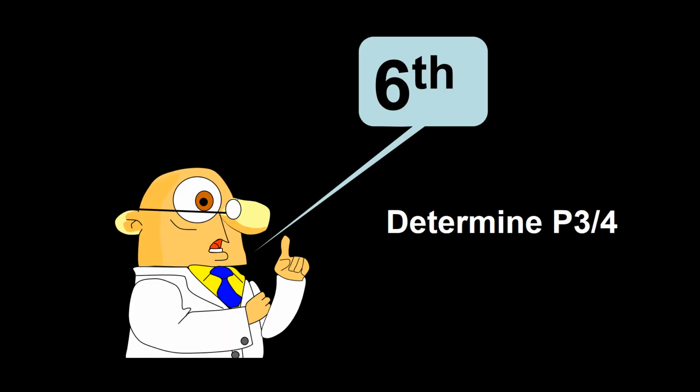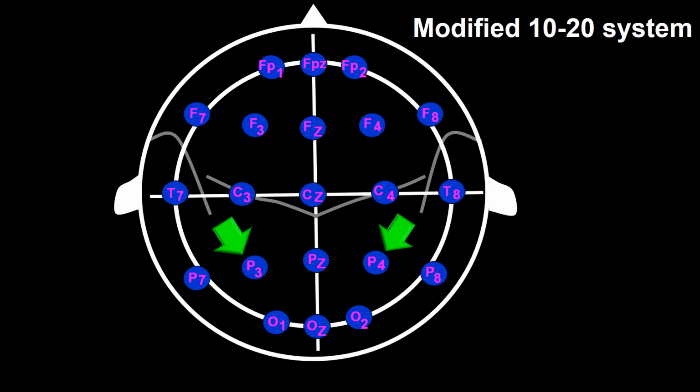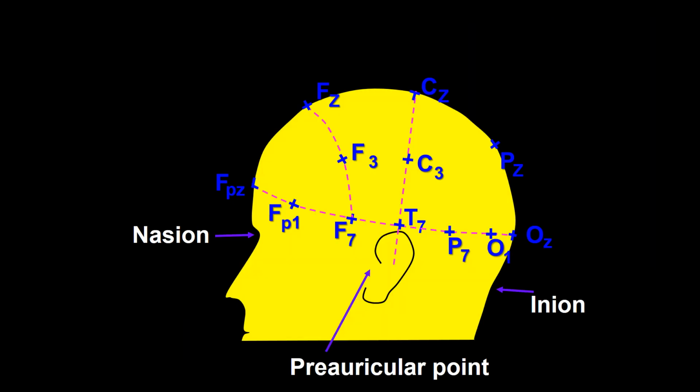The sixth step is to determine P3 and P4. This diagram shows the intended sites. Again, we start on the left side of the head and just mirror the steps on the right. Then we draw a line between P7 and PZ, then halve it, and that is the site for P3. And then we do the same thing on the right. So at this point, the left side of the head looks like it does in this frame.